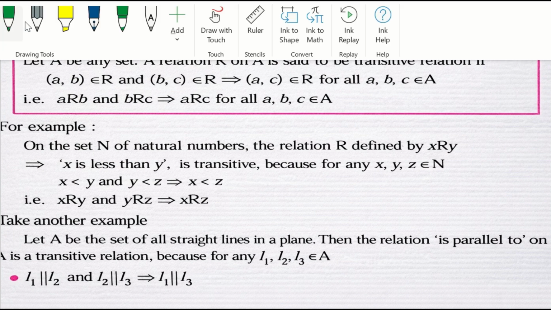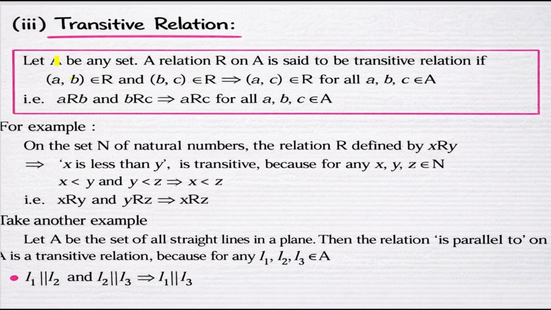Let A be any set. A relation R on a set A is said to be a transitive relation if ordered pair (a, b) belongs to R and (b, c) belongs to R, it implies (a, c) also belongs to R. It should be satisfied for all elements a, b, c, which must be in the set A only.